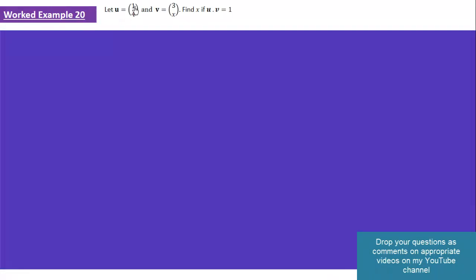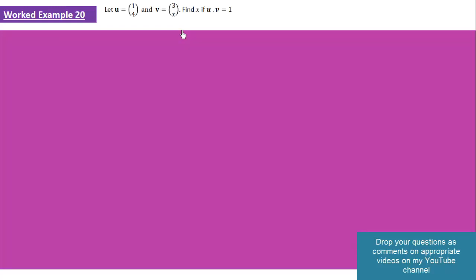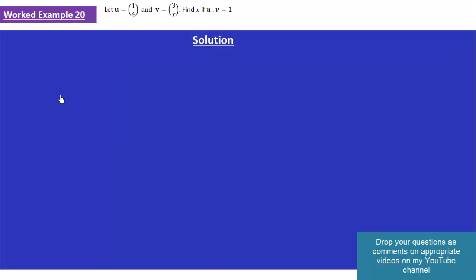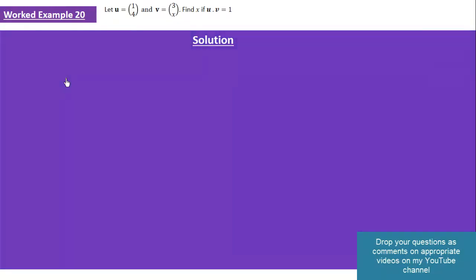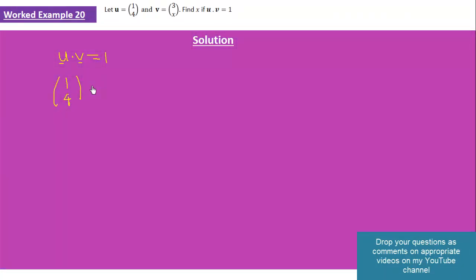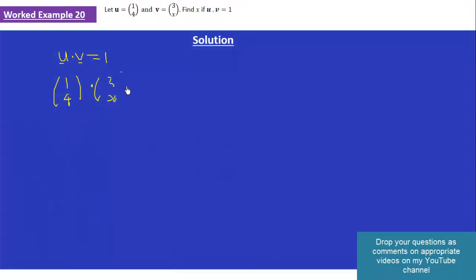Now let u equal (1, 4) and vector v equal (3, x). Find x if u dot v equals 1. So we have u dot v equal 1. These are vectors, so we must have (1, 4) dot (3, x) be equal to 1.